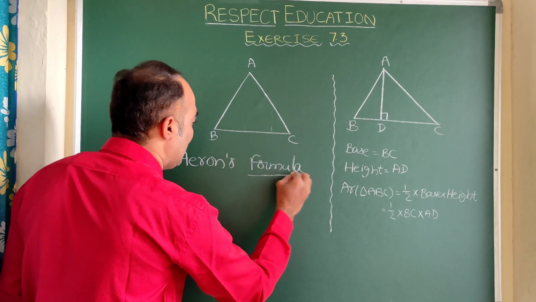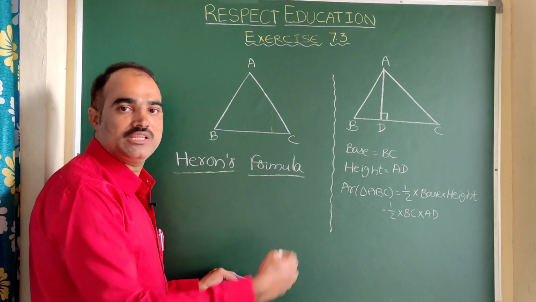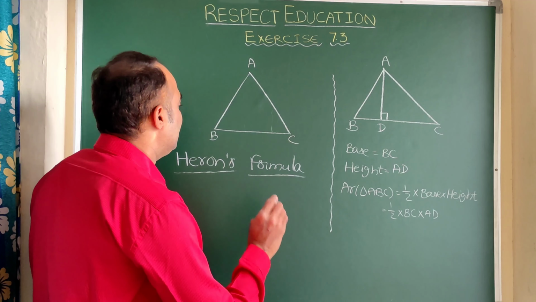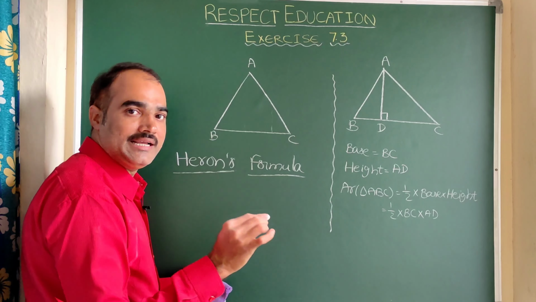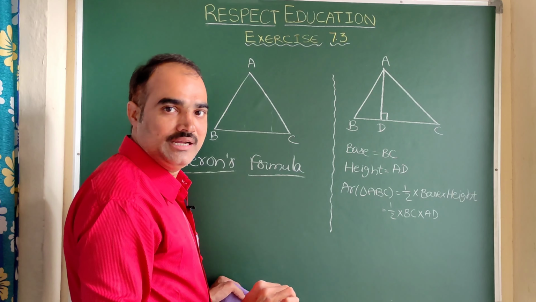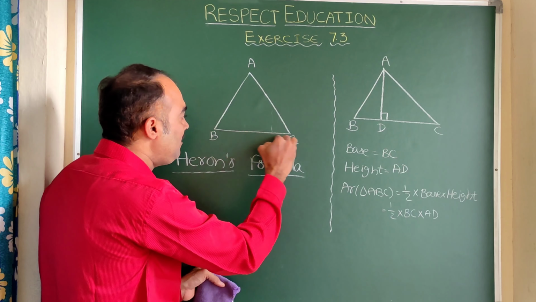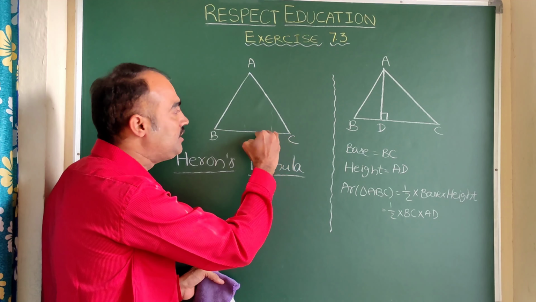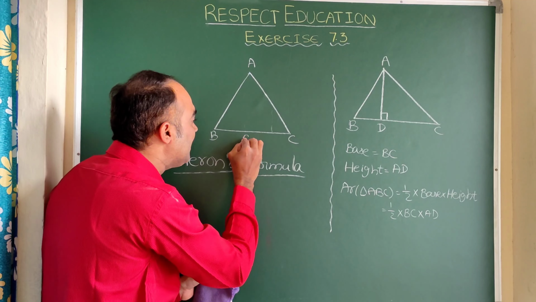So let us see now what is that Heron's formula and how to apply it for the problems. Here he has taken the measurements of sides as small a, small b, small c. Not to get confused, you remember the side which is opposite to the vertex capital A, you take it as small a.